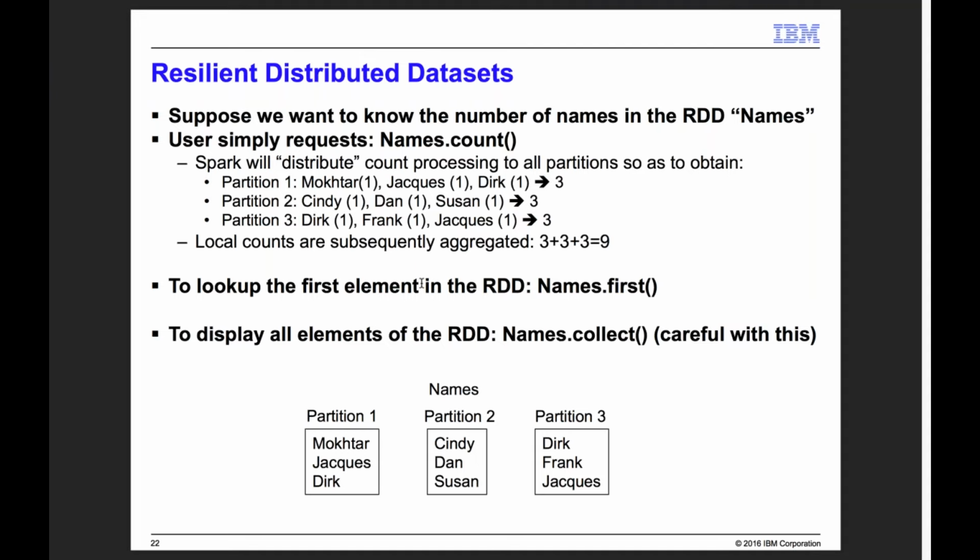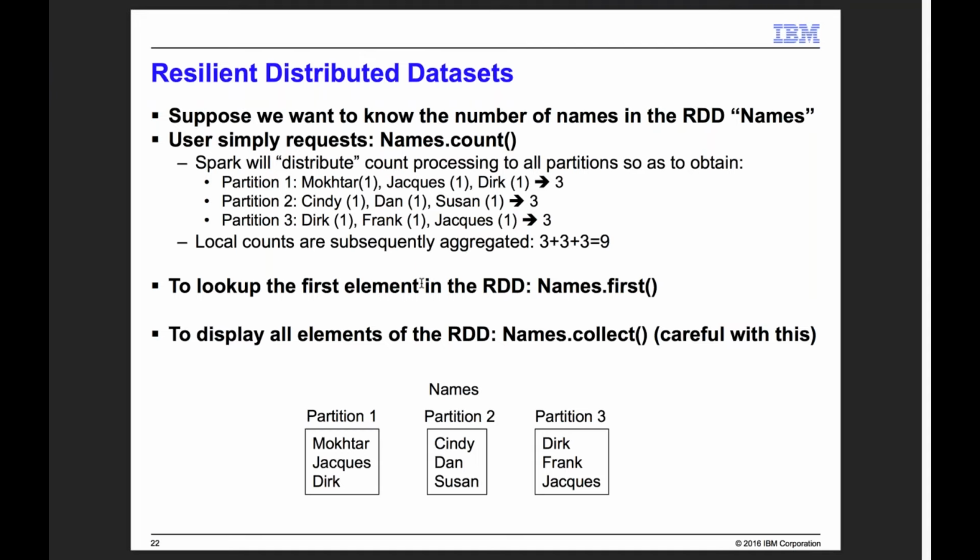And then let's look at another action. To look up the first element in the RDD, I'm going to say names.first. I want to see my first element. The beauty of Spark is here actually. Till it sees names.first, it really does not load all of its data into memory.